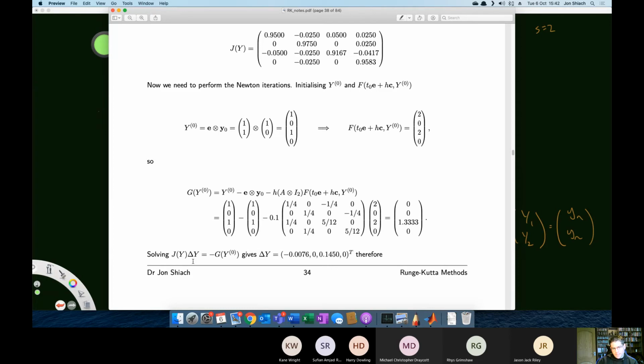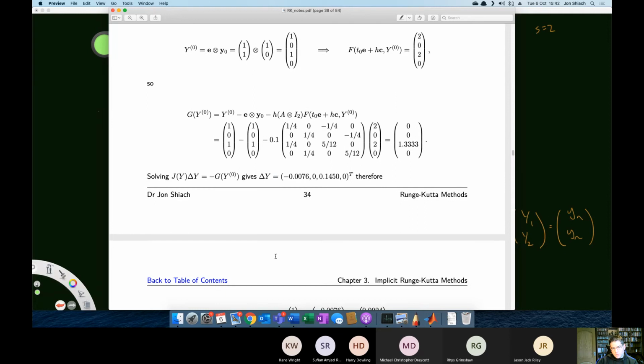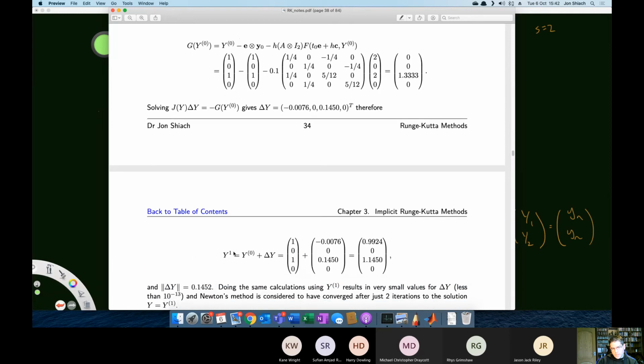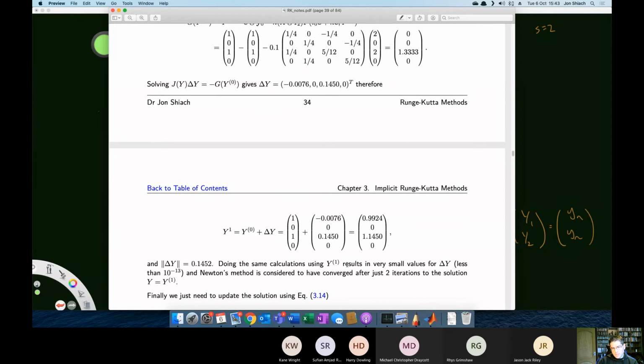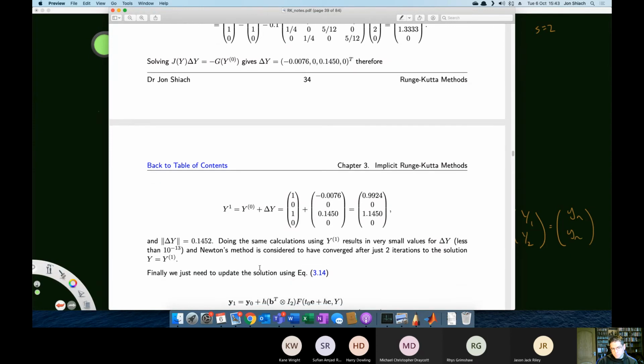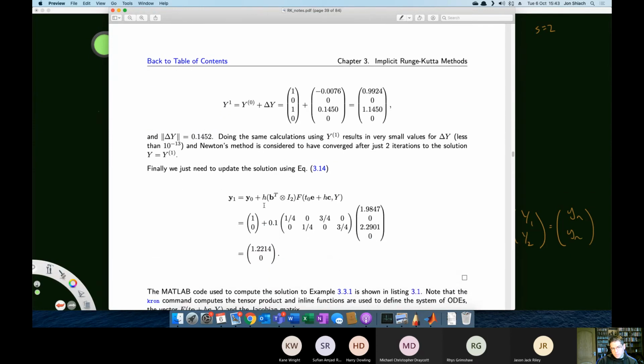If we solve for that, it gives us delta Y, these values. So we update our big Y and we do the same thing again. If you do the same thing again, the delta Y is 10 to the minus 13. So after just 2 iterations, we converge to a solution for big Y. And we plug big Y into our updating Runge-Kutta method, and that gives us that solution.